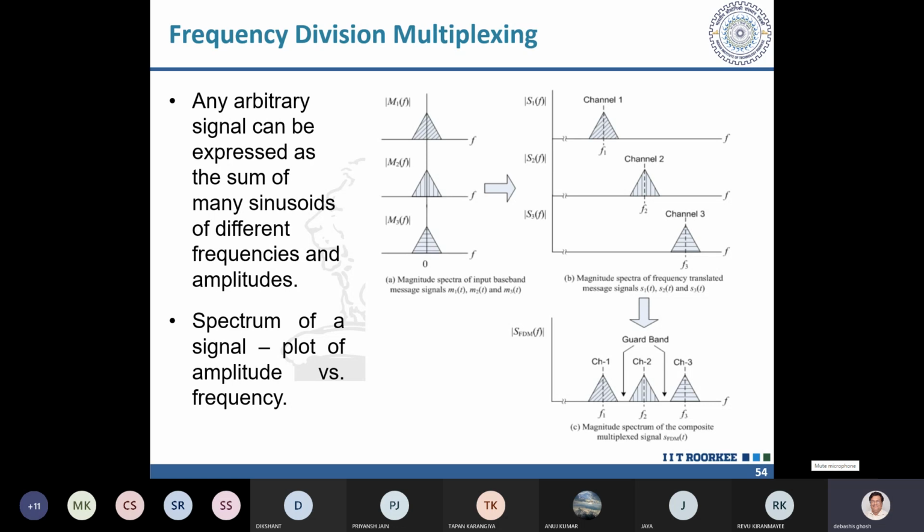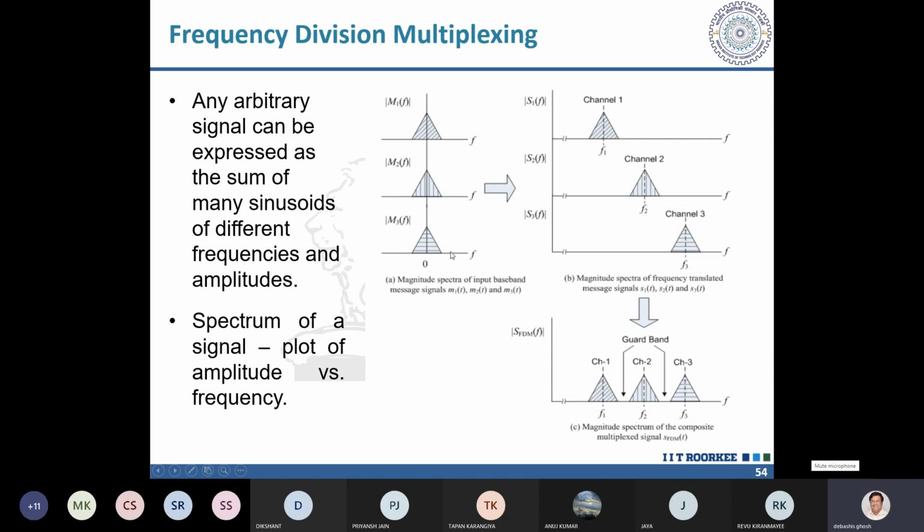Okay, so last class we were discussing frequency division multiplexing. The problem was that if three users have the same frequency range, say their speech signal, which is generally from 0 hertz to 3.4 kilohertz, and they want to communicate over the same channel, there will be interference.